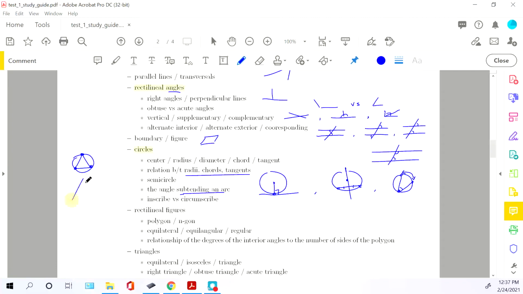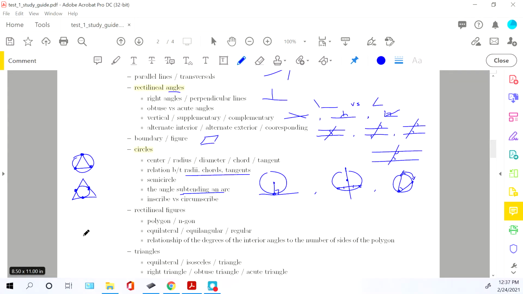Now suppose we had it the other way, and I definitely should have drawn it in the other order, where the circle is on the inside. Notice in this orientation, each of the sides of the polygon is tangent to the circle. They touch the circle in exactly one spot. And this time, we say the triangle circumscribes the circle, or the circle is inscribed in the triangle.